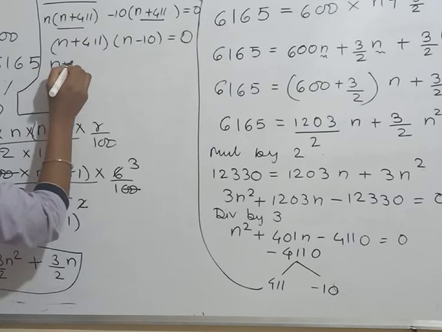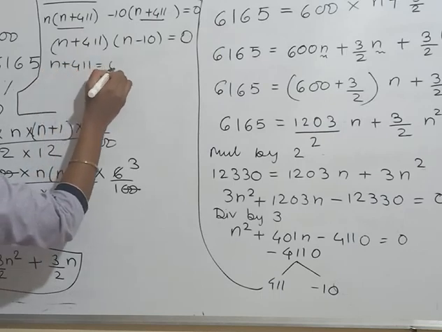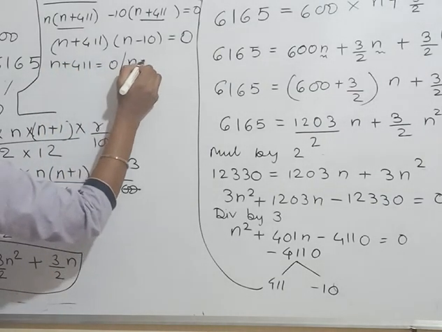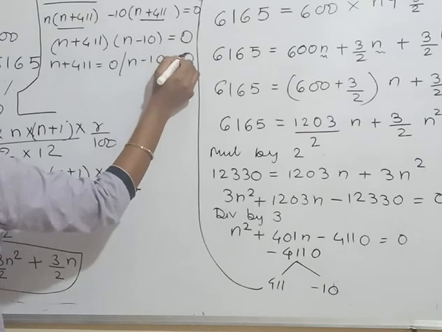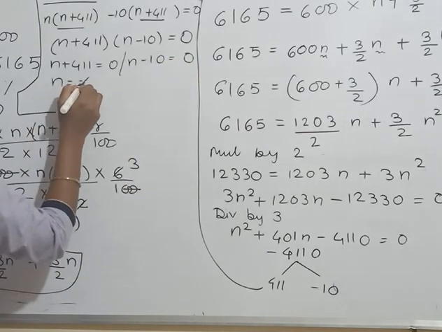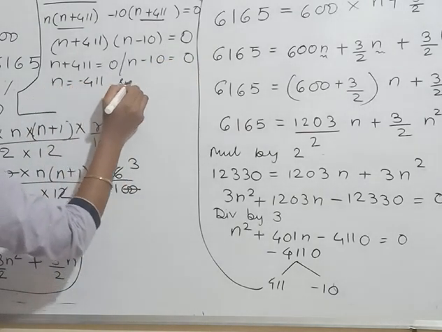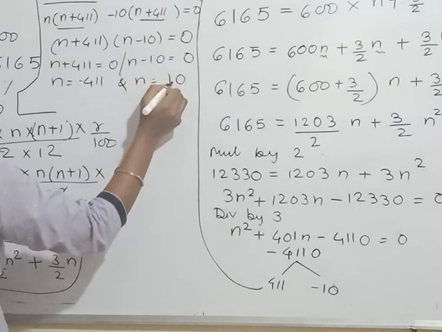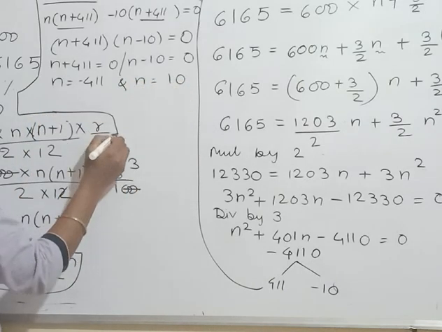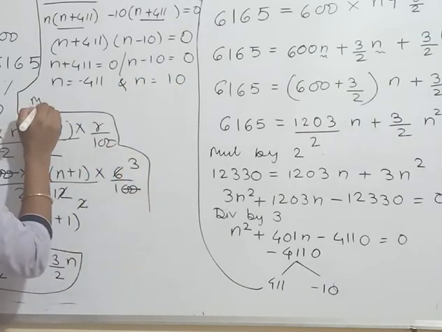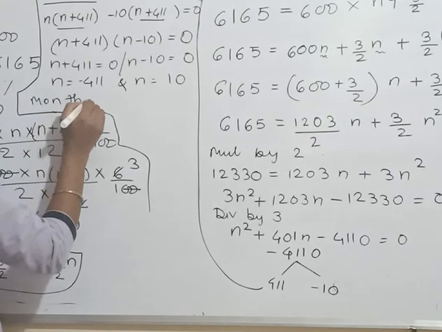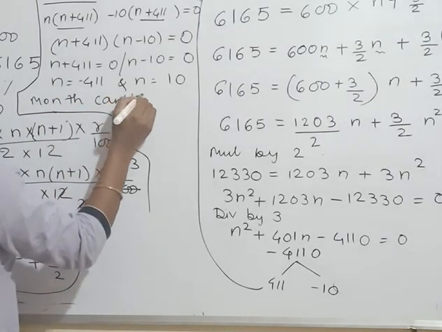So n plus 411 equals 0, and n minus 10 equals 0. So n equals minus 411 and n equals 10. But months can't be negative. Your month can't be negative.